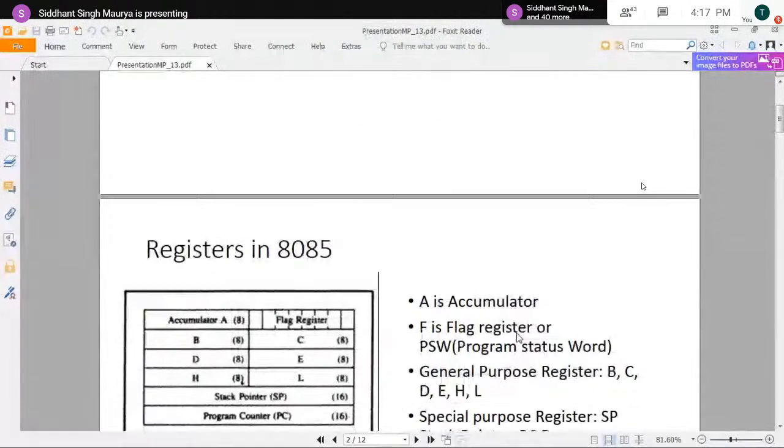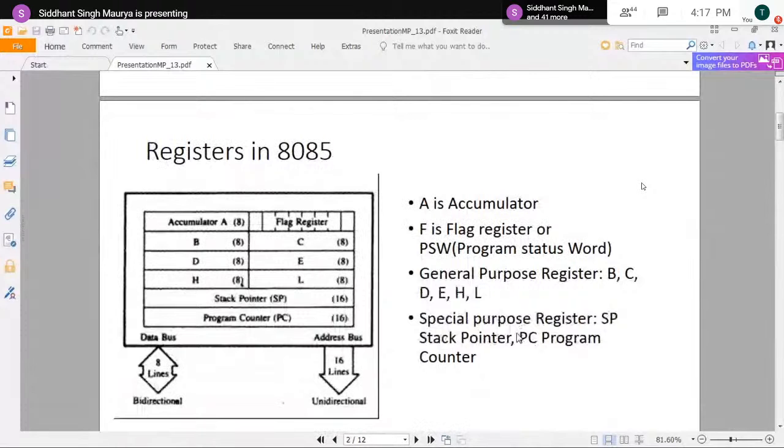For example, in C you must have commands like break, right? Some functions which go to some other location instead of sequential. So these change the sequence of the program, okay?